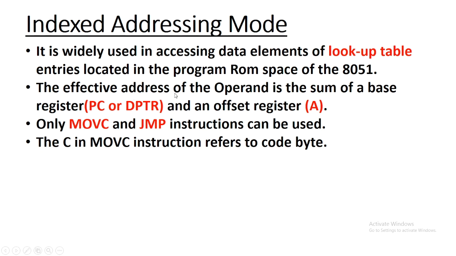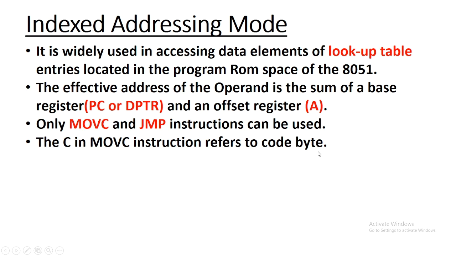In index addressing mode, the effective address from where the data is to be fetched is calculated by the summation of the base register, which is PC or DPTR, and the content of the offset register, which is A. So the final address is the content of the base register plus the offset register. Normally index addressing mode is used in MOVC and jump instructions.